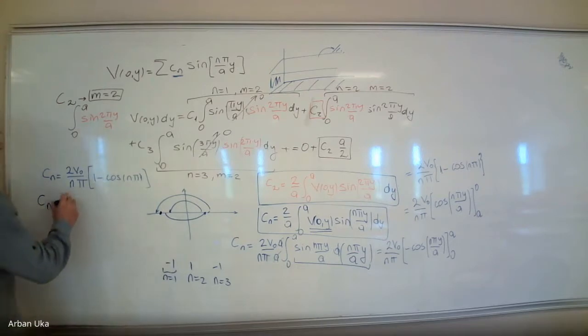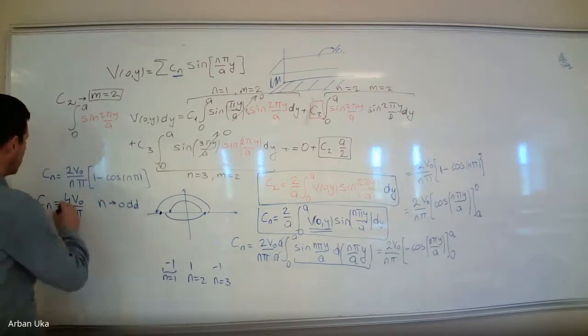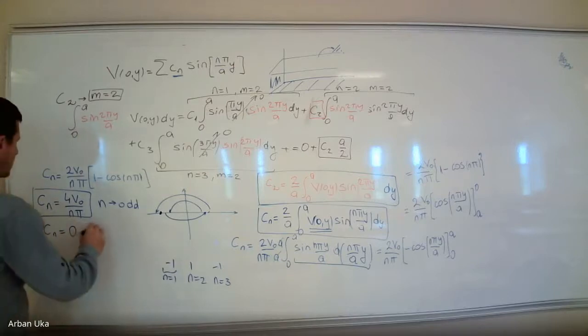So this is equal to 4v0 divided by n pi when n is an odd value, okay? But at the same time, Cn is equal to 0 when n is even.